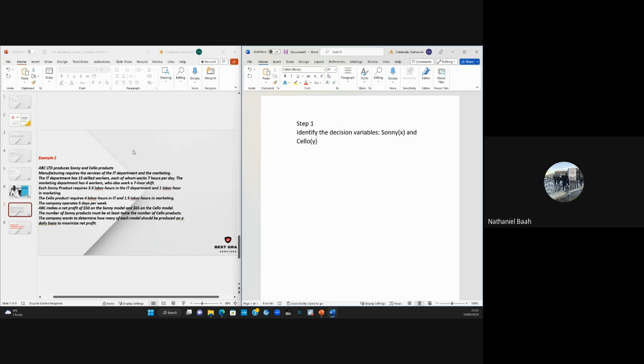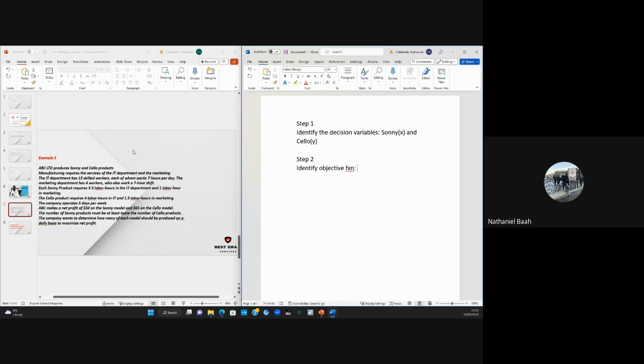Now, what is step two? Step two from our previous episode is that we should be able to identify our objective function. So what did we say the objective function is?